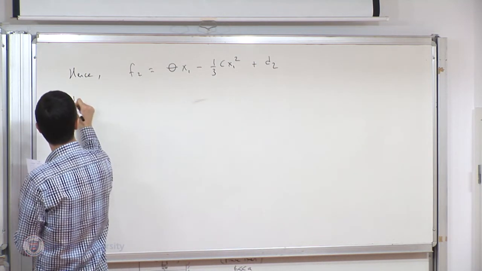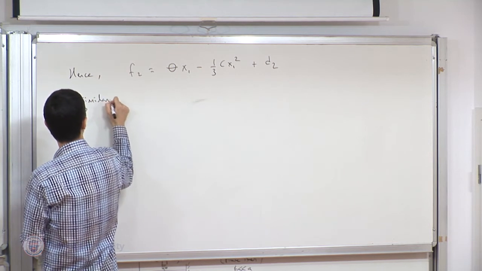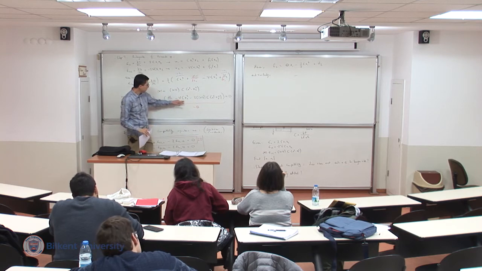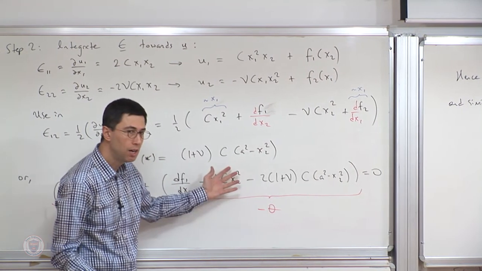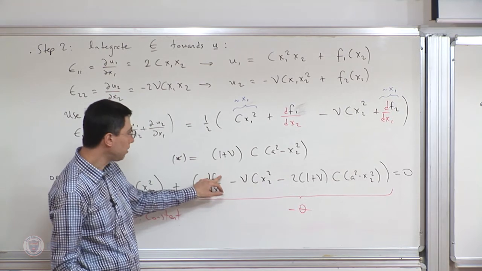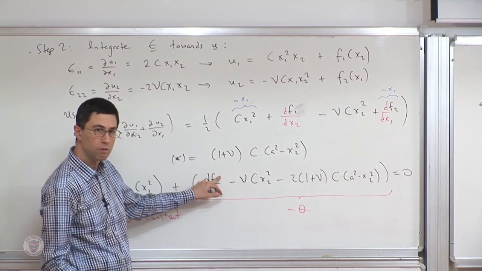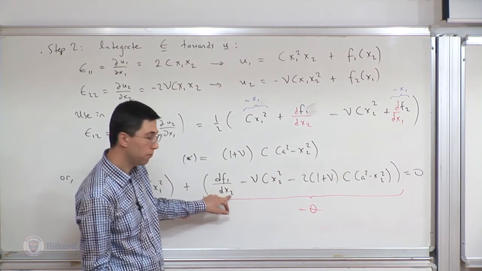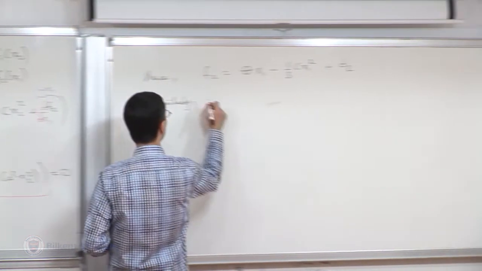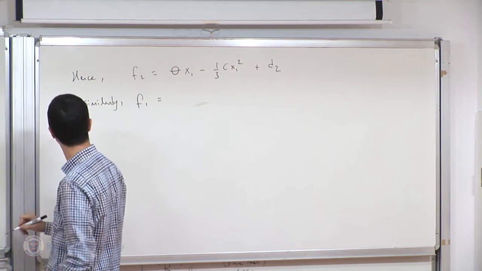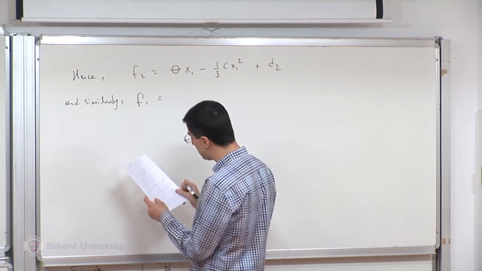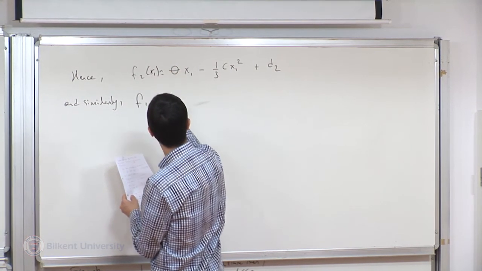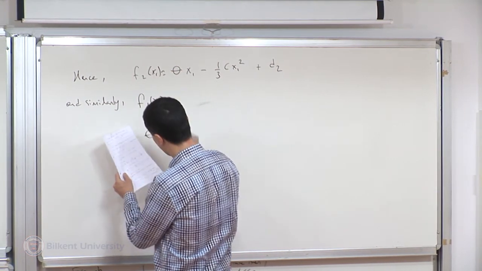And similarly, now please do this at home. The second expression is equal to minus theta. So therefore, you can integrate F1 in terms of x2. So dF1 dx2 can be integrated. And F1 you will find is equal to, so F2 is a function of x1, F1 is a function of x2.